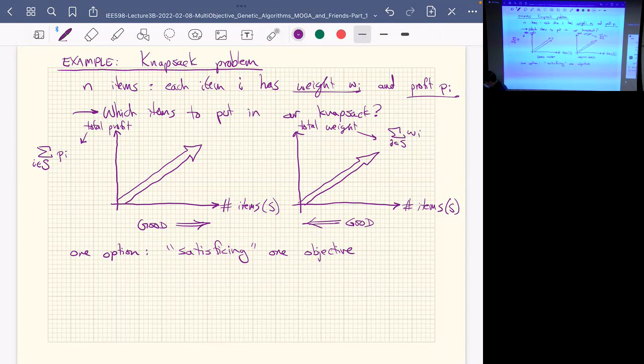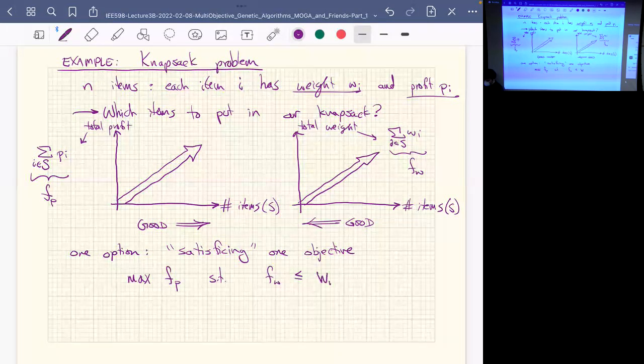A satisficing solution might be maximize profit. I'll call profit FP, and I'll call weight FW. I can say maximize profit such that the weight FW is less than or equal to some maximum weight.